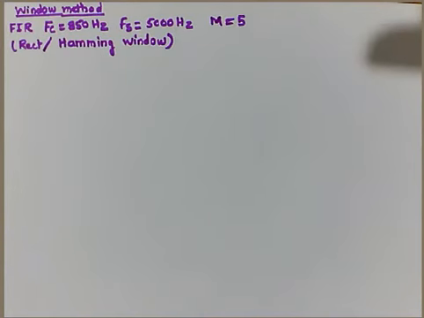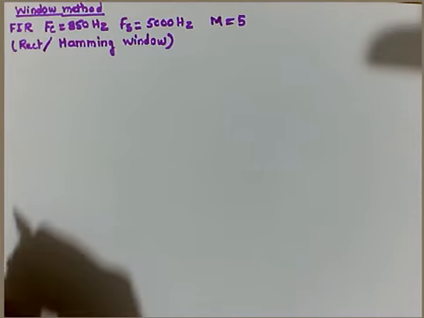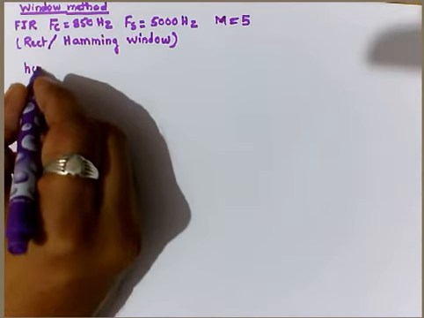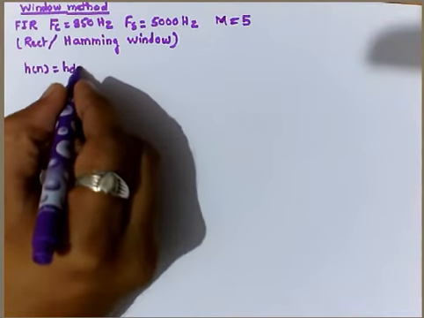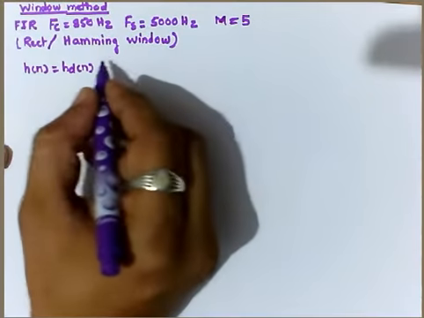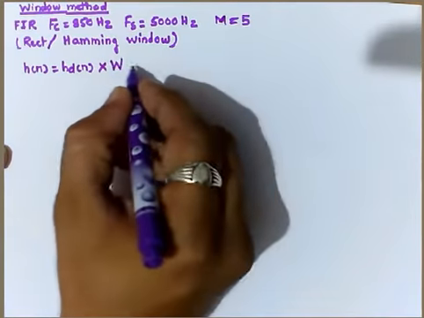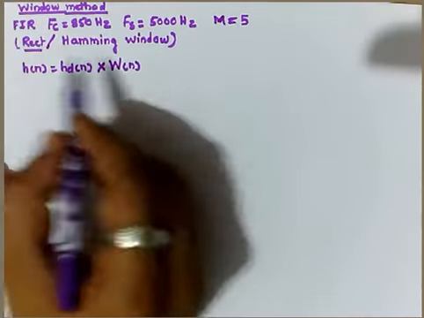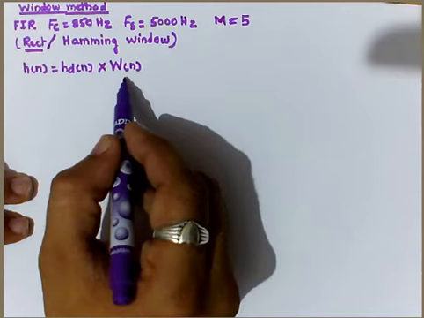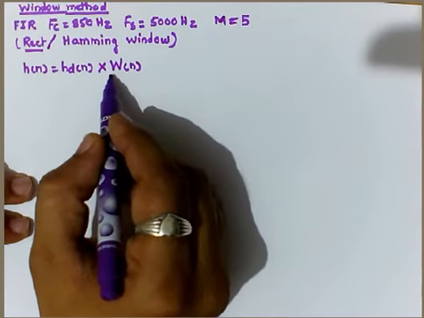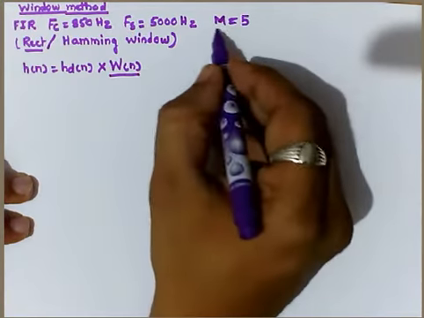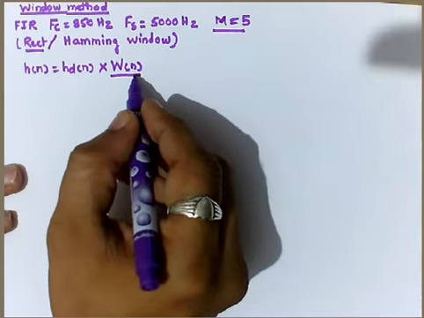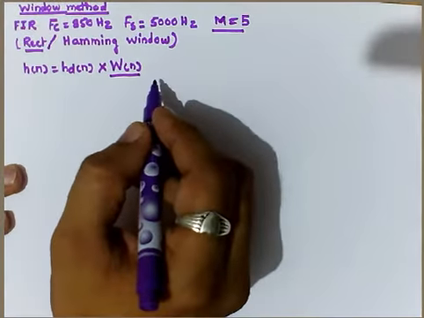In the problem we first need the expression h of n is equal to hd of n, the desired impulse response, into the required window function. In case of the rectangular window function, it will be WR of n. Since WR of n is 1 for 0 to M minus 1, meaning 0 to 4, and except that it is 0 everywhere.